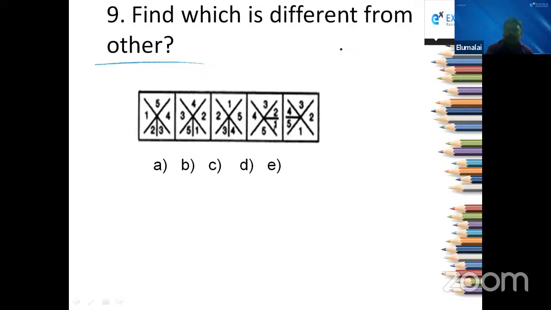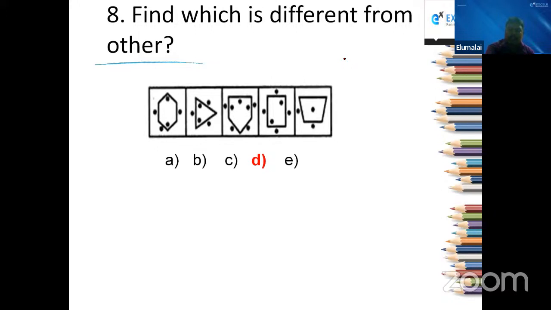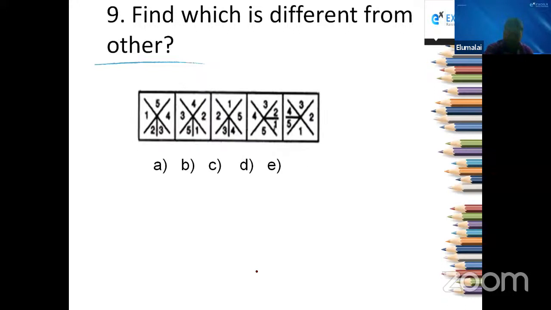That is what your logic was, right. But it is not working here. See, here the number of dots inside the figure is 2. Here it is 2. Here it is 3. Here it is 2. Here it is 1. Now we have 2 odd numbers and 3 even numbers. How can you answer this? I hope you can understand this.